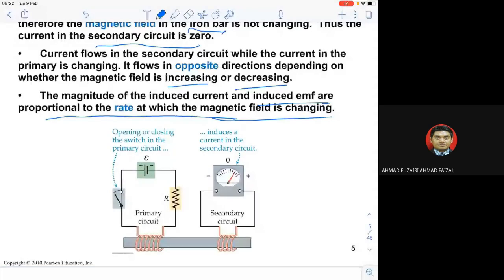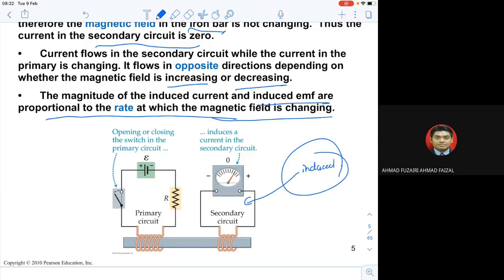So the switch should be open, close, open, close, open, close, in order to have a current in the secondary circuit. Because when you have a stable current in the primary circuit, you cannot have a stable current inside the secondary circuit, because everything that happens in the secondary circuit is what we call induced.